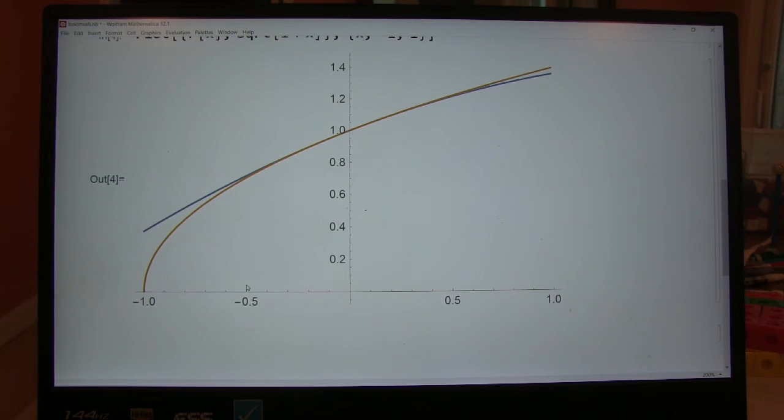Well, between negative 0.5 and 0.5, the two graphs are almost exactly the same. But when we get closer to negative 1, the square root of 1 plus x goes to 0 and this falls away from our other line. And then up here it starts to diverge as well.